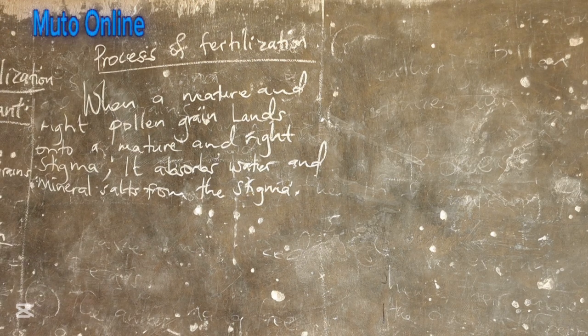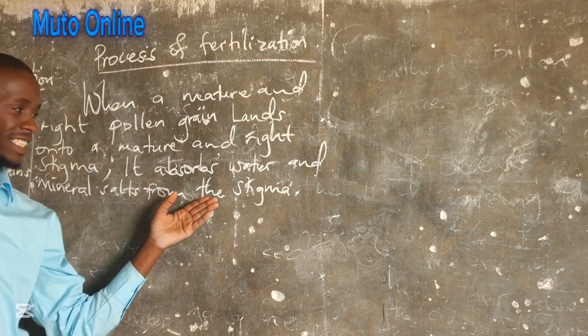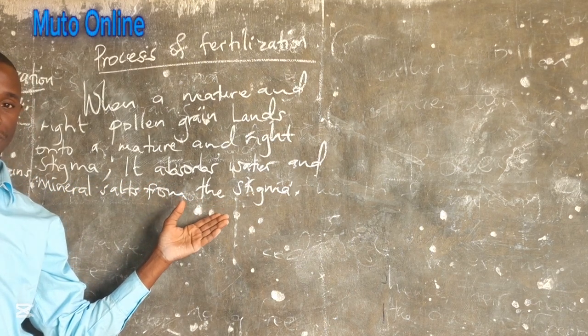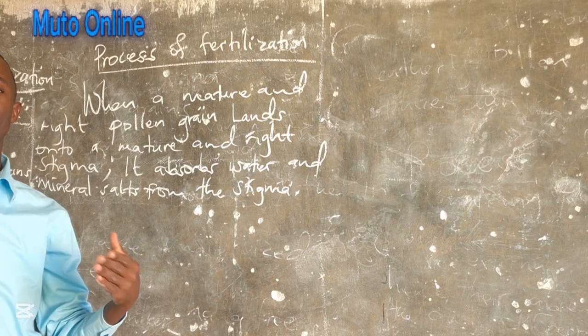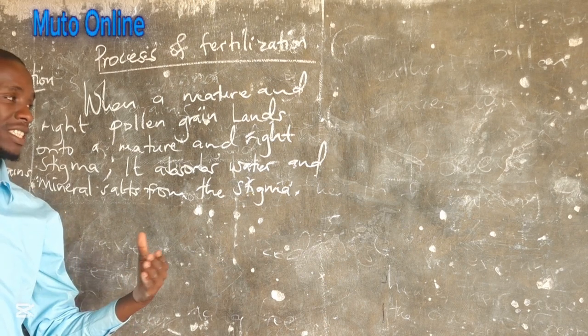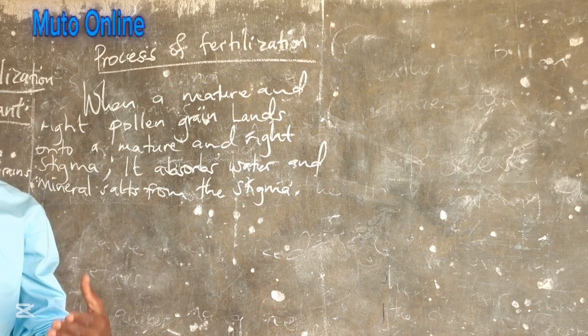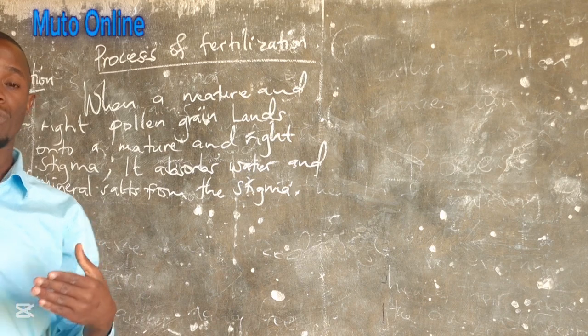That is what it does once it lands on the stigma. The moment it absorbs this water and mineral salts, it starts to germinate. As it germinates, it forms what we call a pollen tube.